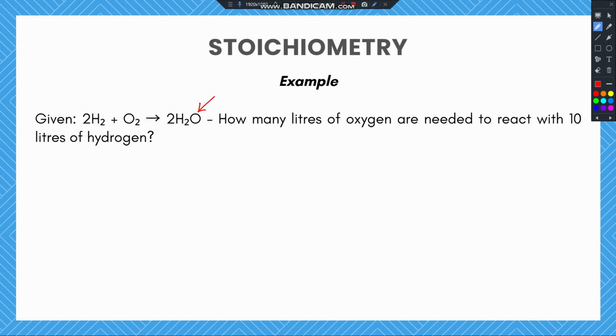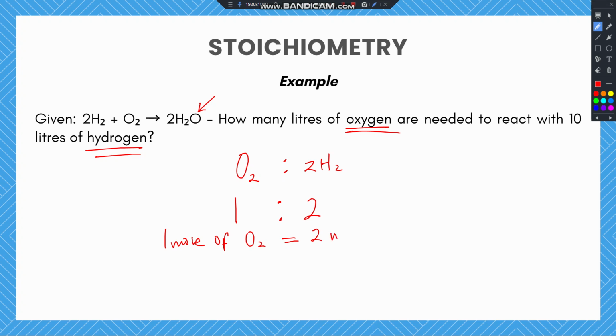Well, let's set up the mole ratio. How many liters of oxygen? The first we're dealing with is oxygen, O2, and then we have hydrogen, which is 2H2. Let's find out the volume ratio or the mole ratio. So we have 1 ratio 2. This means 1 mole of oxygen, O2, reacts with 2 moles of hydrogen, H2.